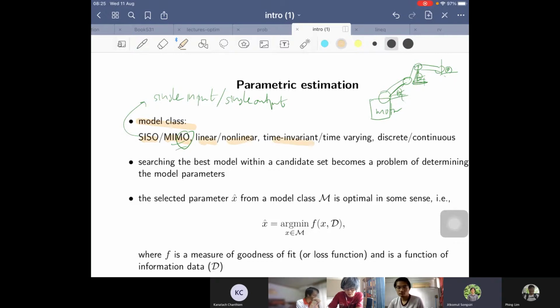You can also classify models into linear and non-linear ones, time invariant and time varying. Most of us have learned time invariant systems before. The definition involves the state transition matrix. For the linear system without input, you have e to the At x0.